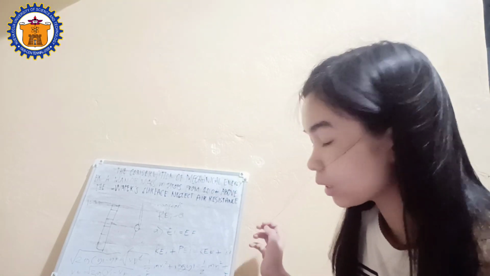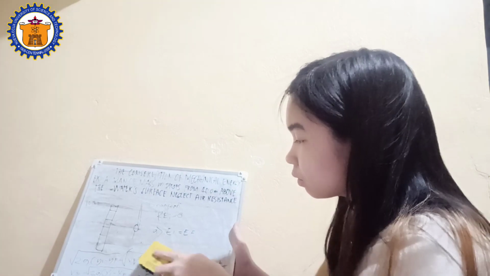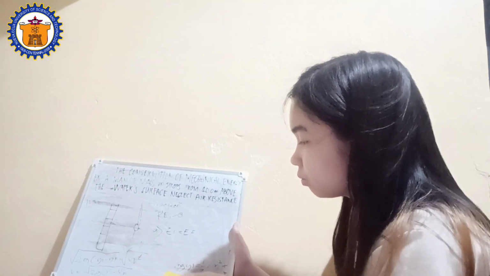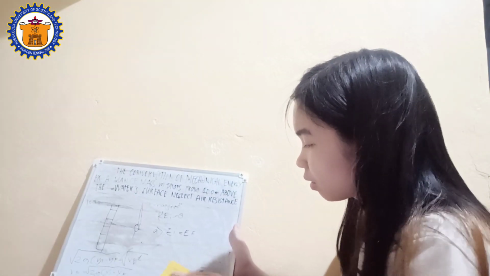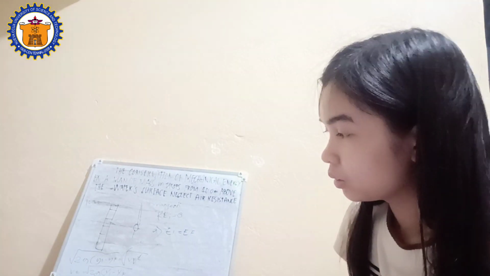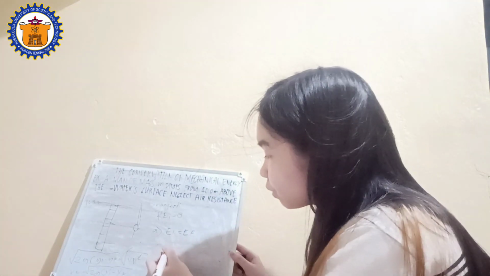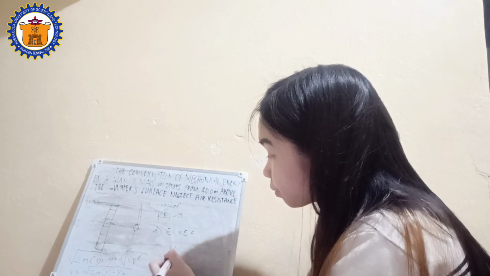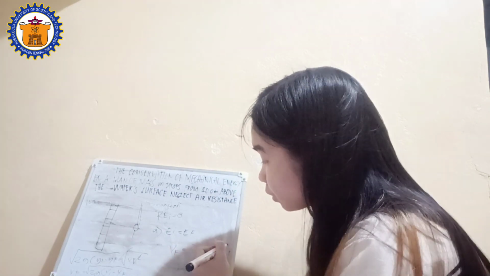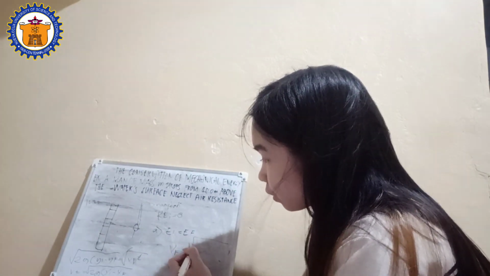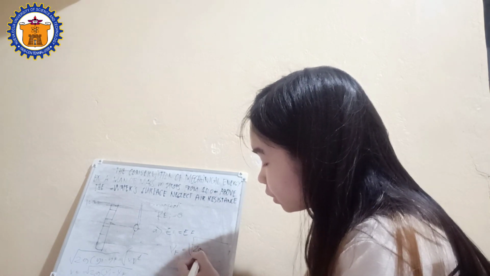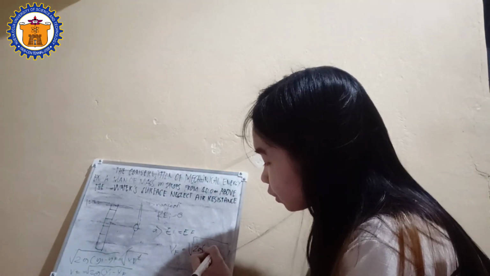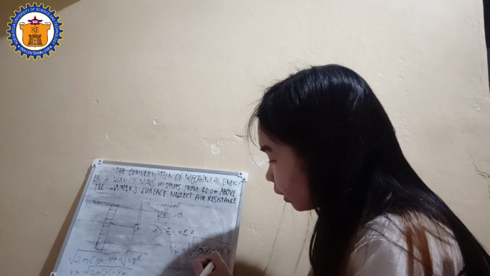So, pwede na natin i-substitute. Since ang formula natin for velocity is final velocity is equals to square root of 2g times the initial position minus the final position.